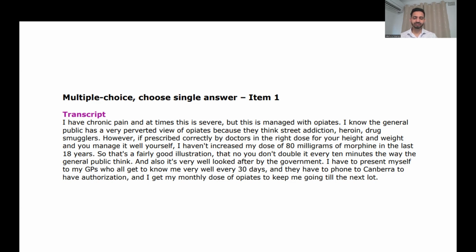However, if prescribed correctly by doctors in the right dose for your height and weight, and you manage it well yourself, I haven't increased my dose of 80 milligrams of morphine. So that applies to her, not to everyone else, like we said. So that can't be an option. In the last 18 years, there's also no mention of heroin addiction. So option number 2 will be wrong as well, but we'll leave the options. We're going to discuss the explanation soon.